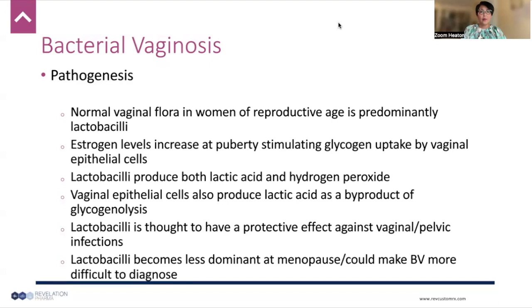And vaginal epithelial cells also produce lactic acid as a byproduct of glycogenolysis. And of course, this makes the vaginal pH acidic, and hydrogen peroxide is also toxic against other bacterial species. Lactobacilli is thought to have a protective effect against vaginal and pelvic infections, and this is because of its low virulence factor. Thus, its predominance has protective effects. And lactobacilli becomes less dominant at menopause, which could make BV more difficult to diagnose.